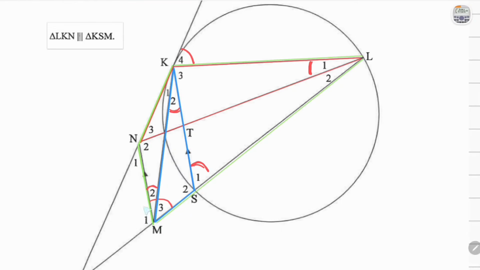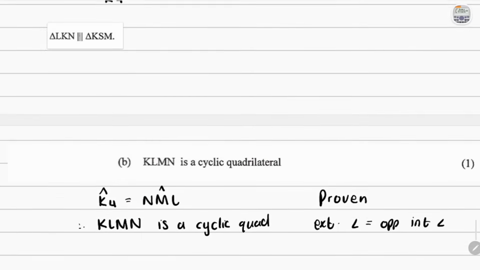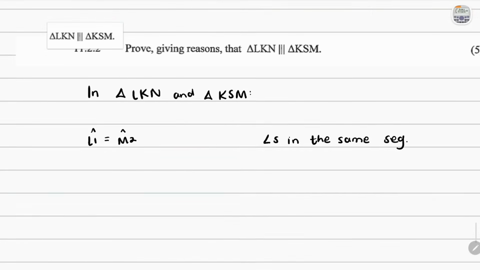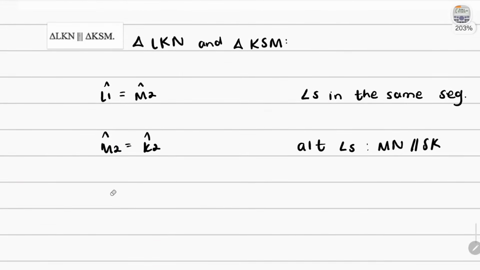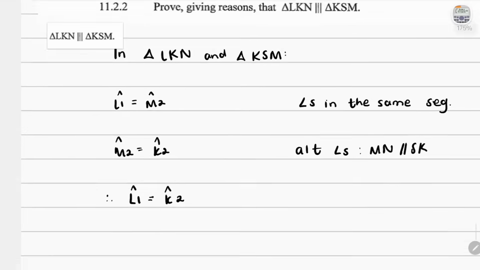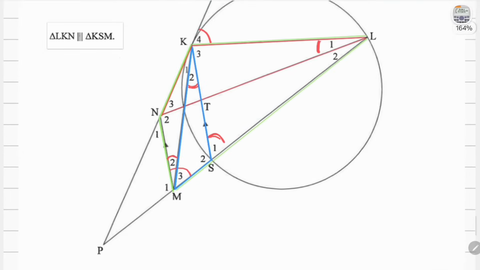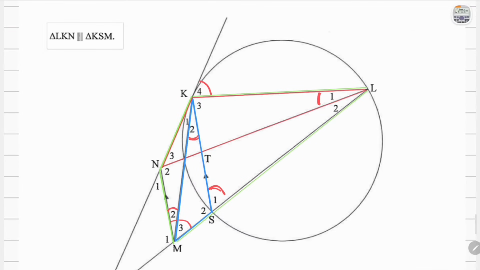We'll also tell them which lines are parallel: angle M2 is equal to angle K2 because MN is parallel to SK. Because these two angles are both equal to angle M2, that concludes that angle L1 is equal to angle K2. Those are two angles in those triangles, so we found these two.